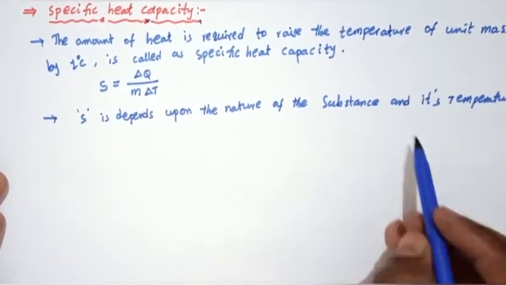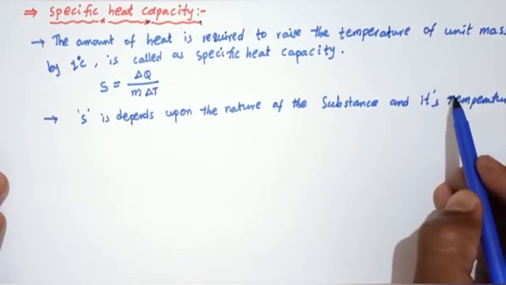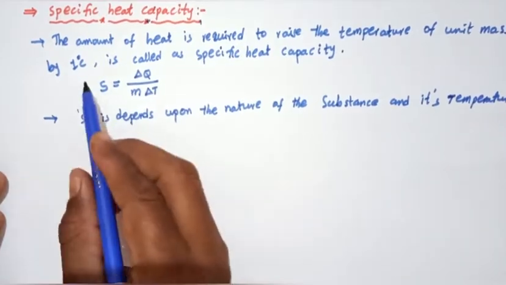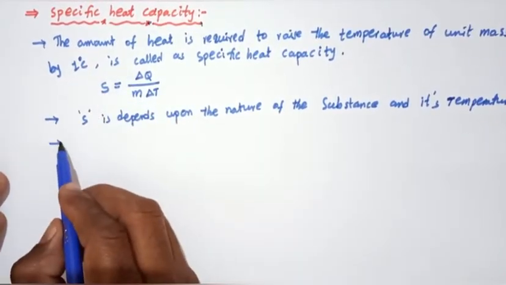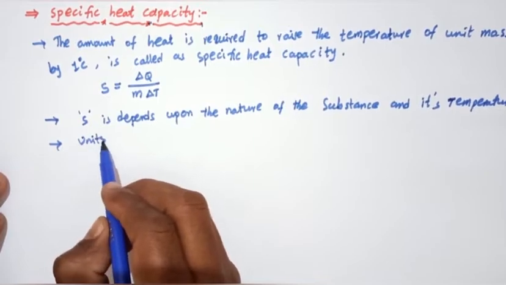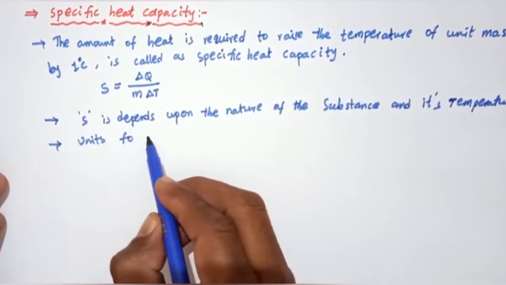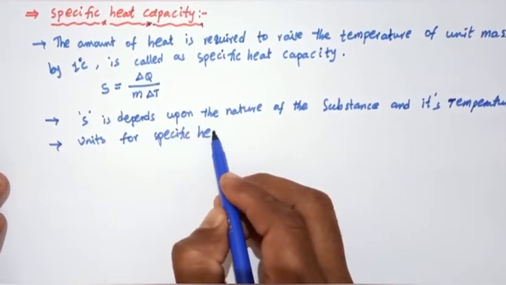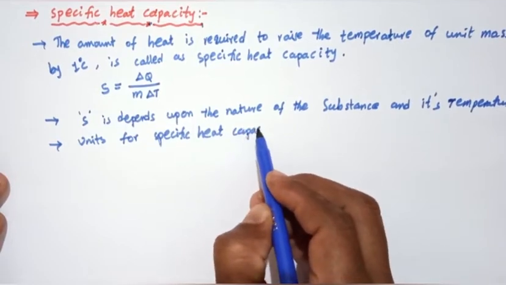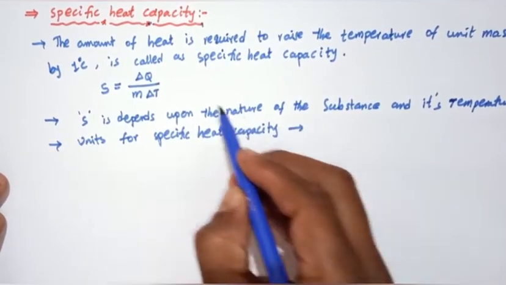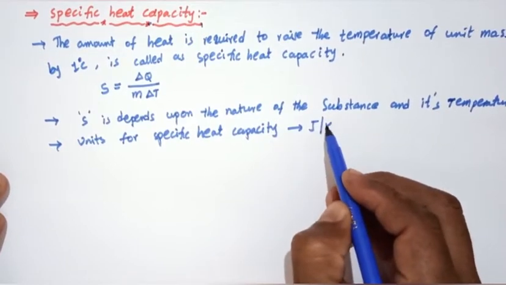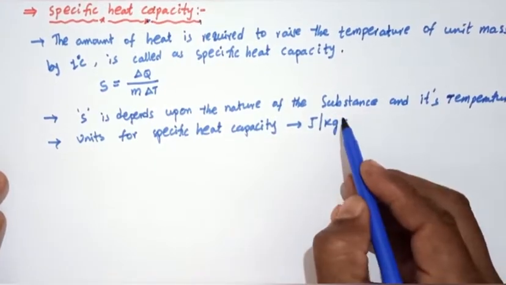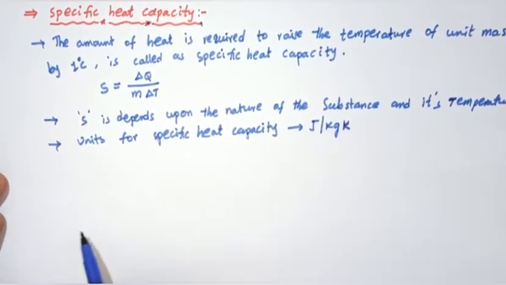When temperature increases, for some substances the specific heat capacity increases, and for some substances it decreases. The SI unit for specific heat capacity is joule per kilogram per Kelvin.